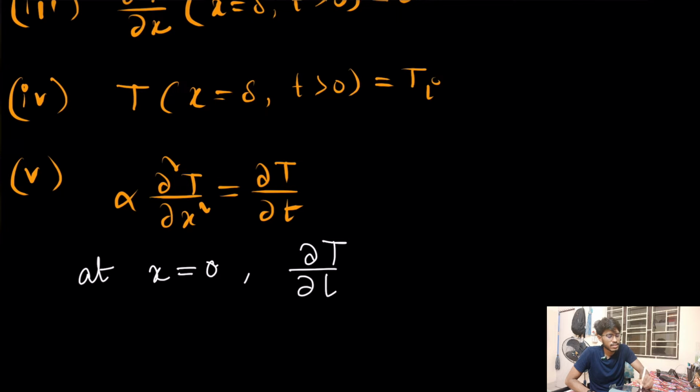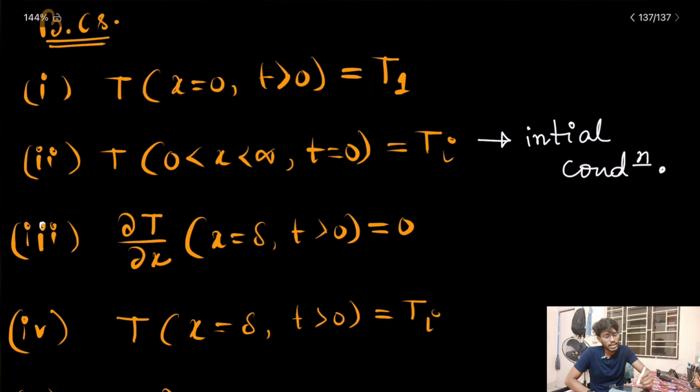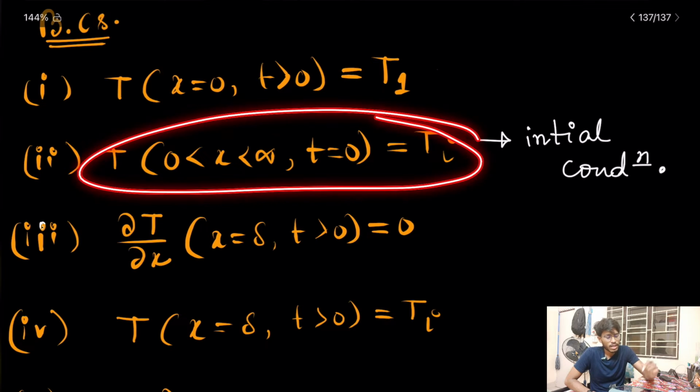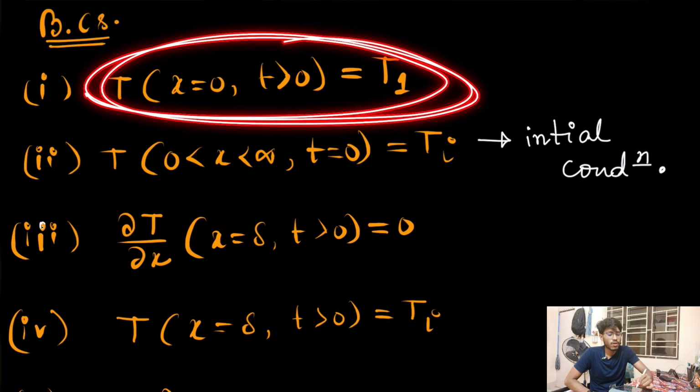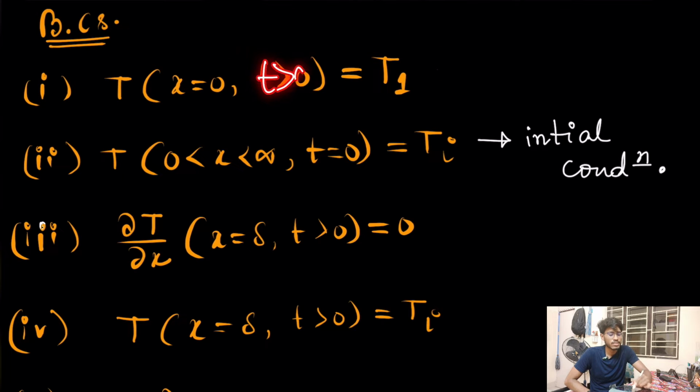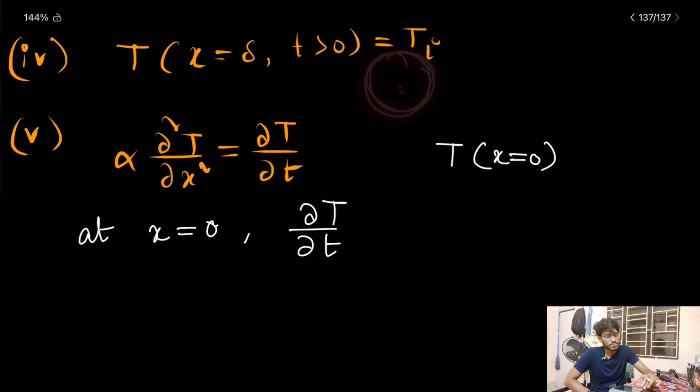So at x equal to 0, what is this thing? I have already told you that my T at x equal to 0 is fixed. It is not changing with respect to time, and that is given by this equation. For any time t greater than 0, after you have started your observation, your temperature is not changing, it is a constant.